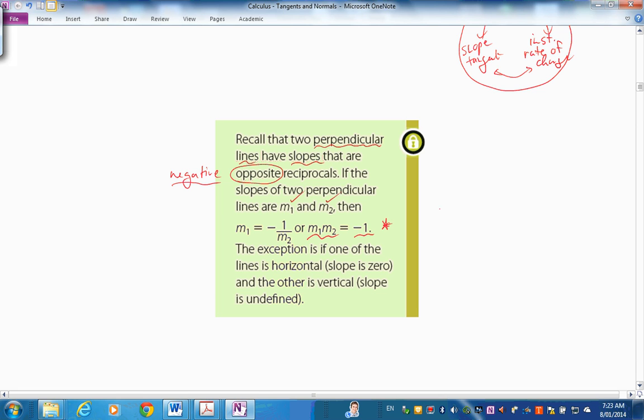I see that as a fundamental definition, or using it, one is the negative reciprocal of the other. So let's take an idea here. m is 3/4, let's say that's one of them. Then the other one has to be negative 4/3. And generally you put the negative in the top line there.